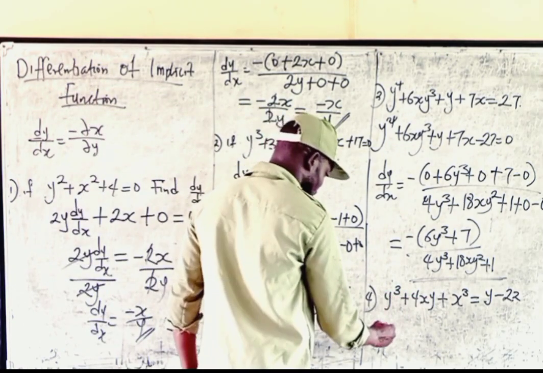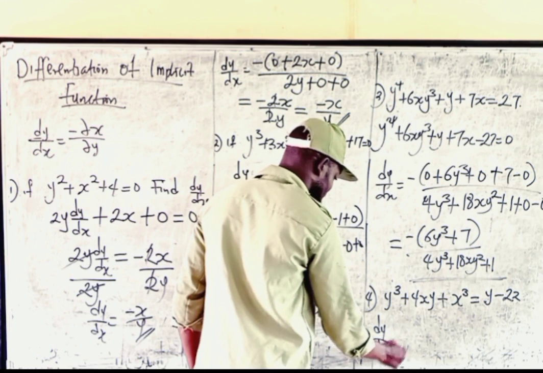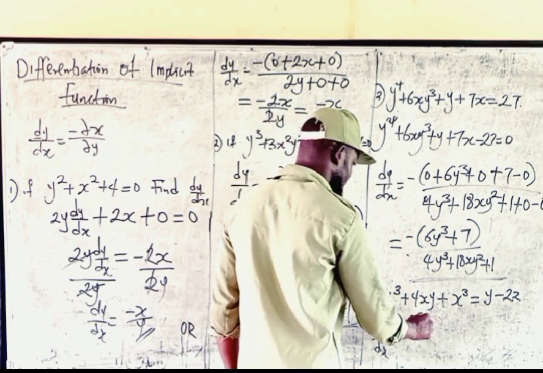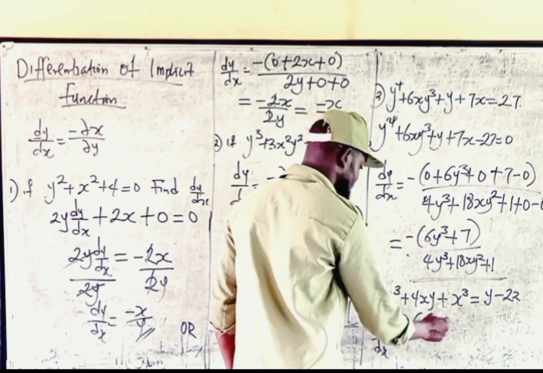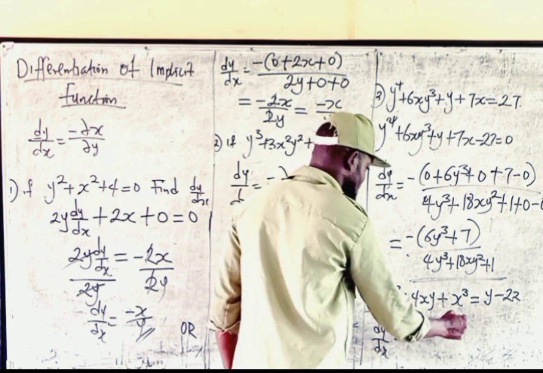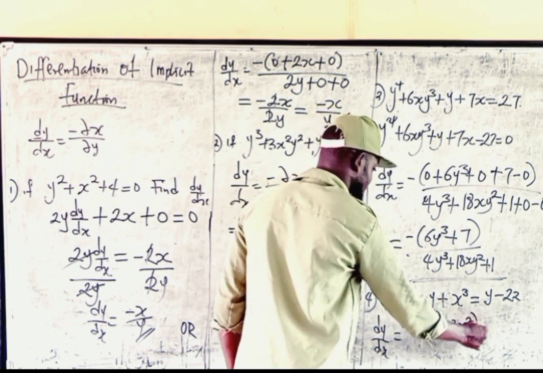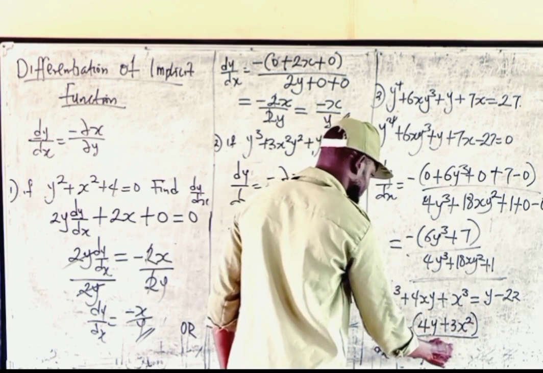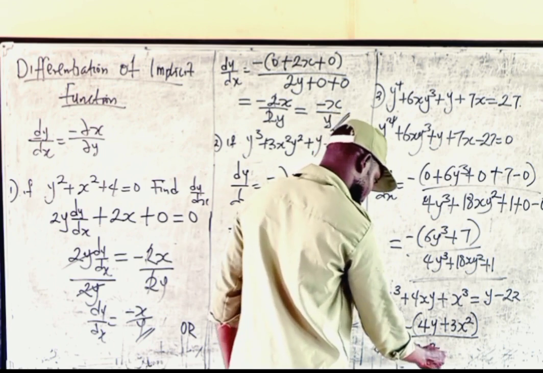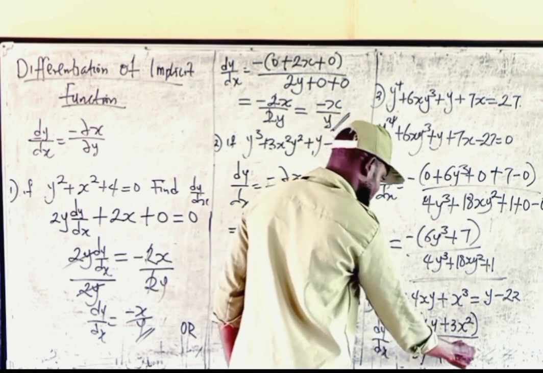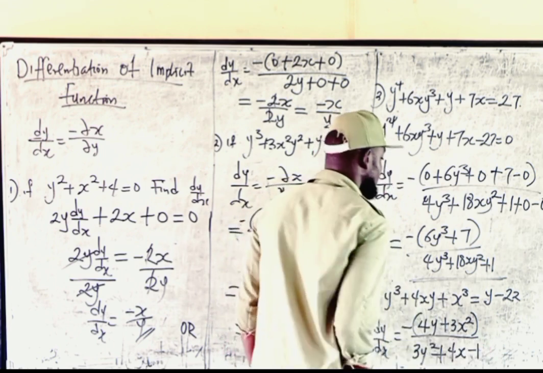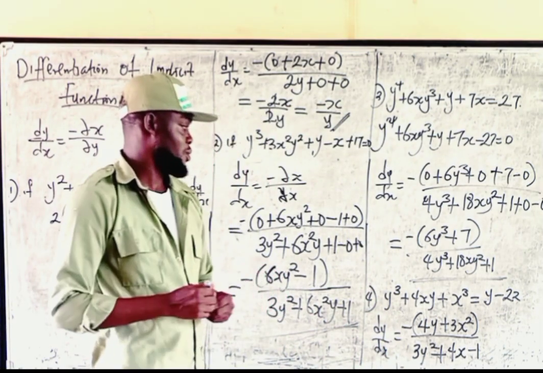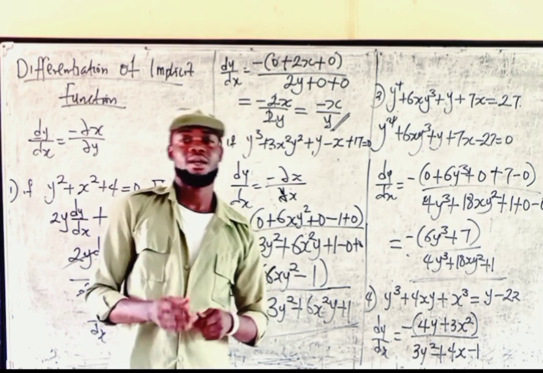So for this, dy over dx will not be far from this: we are going to have 4y plus 3x squared over 3y squared plus 4x minus 1. So that's what we're going to have in this piece. So try and see if you can do it to get the final answer.